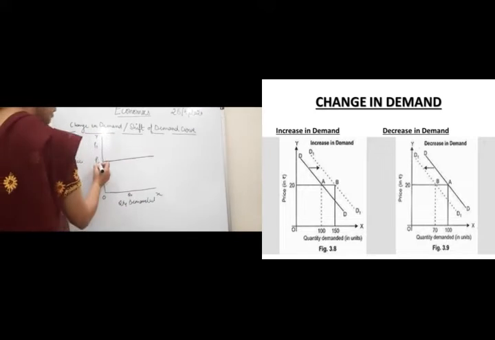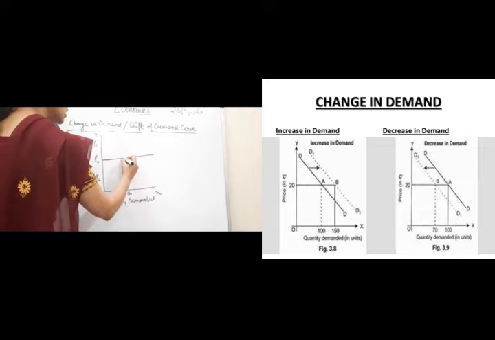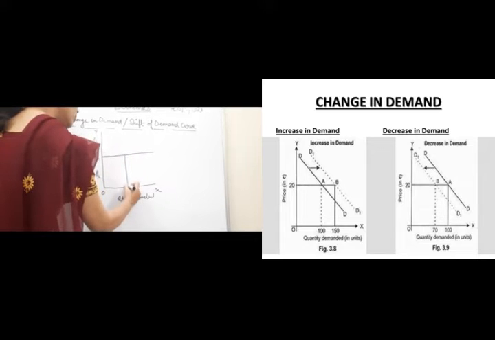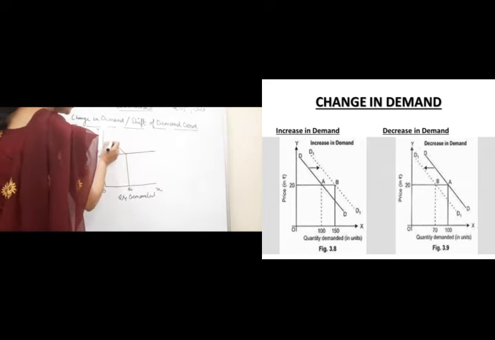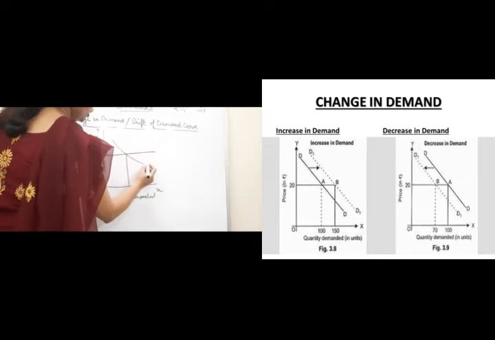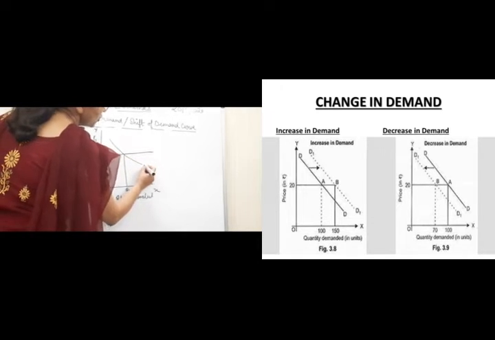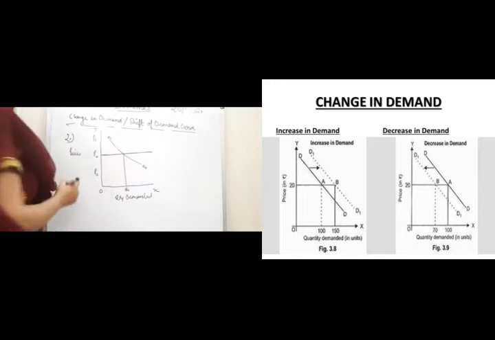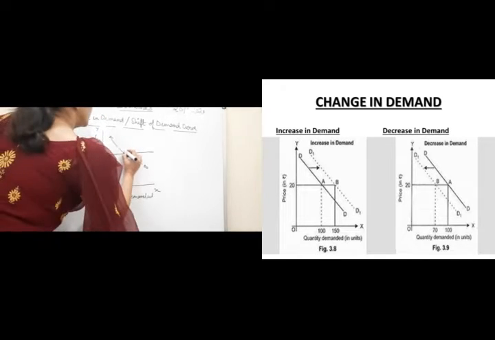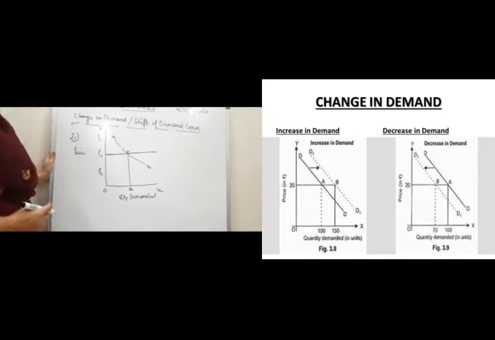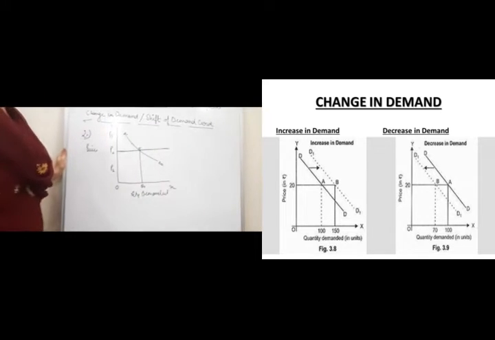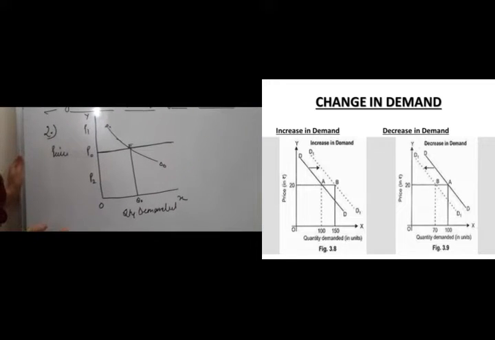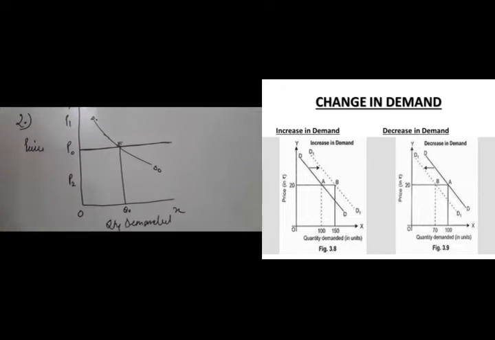Now when the price is P0, the quantity is Q0. This is how we start with it, right? And this is on P0 price, Q0 quantity. This is your demand curve D0. This is our equilibrium E0, right? Now because of the other factors that you have studied, many determinants you have studied in the demand, yeah? There are many determinants for demand.